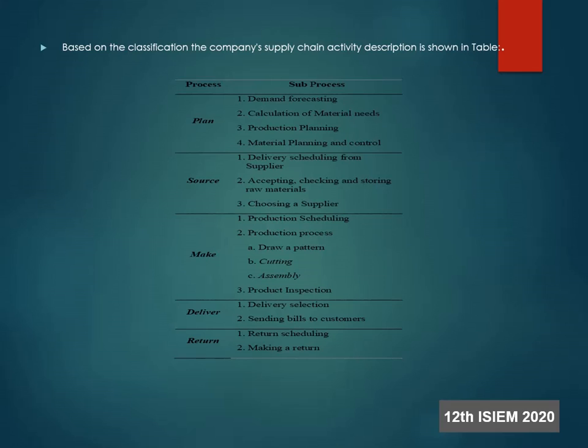The sub-process make consists of production scheduling, production process, and production inspection. The sub-process deliver consists of delivery selection and sending bills to customers. The sub-process return consists of return scheduling and making a return.